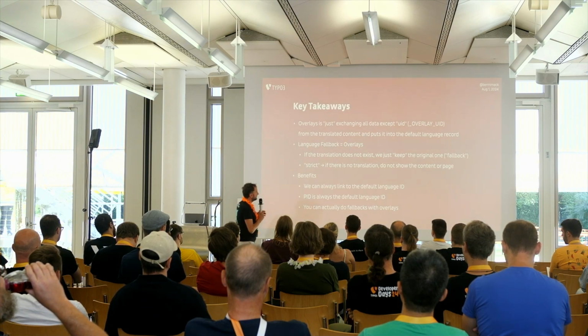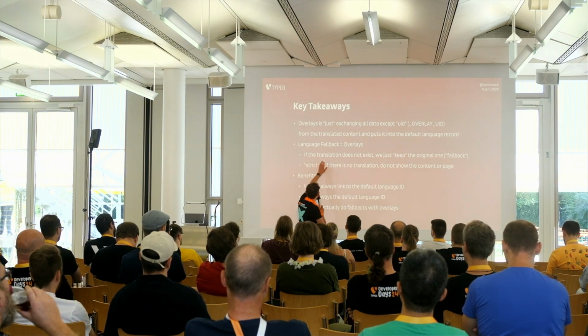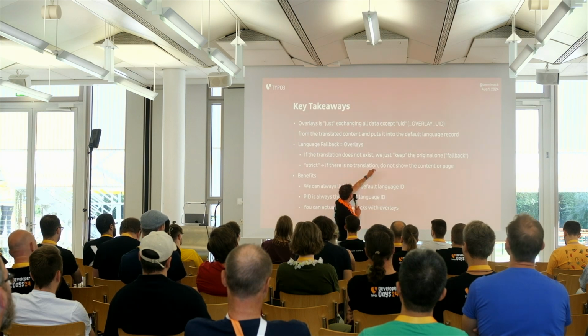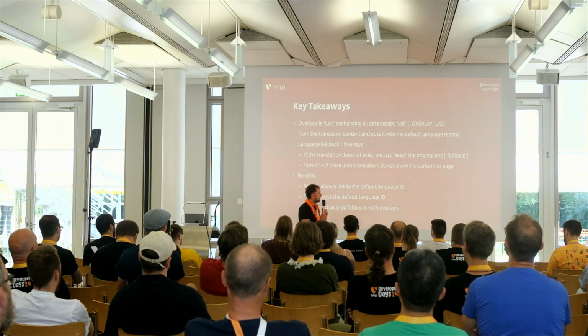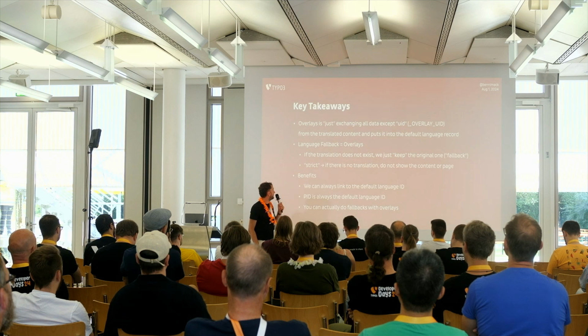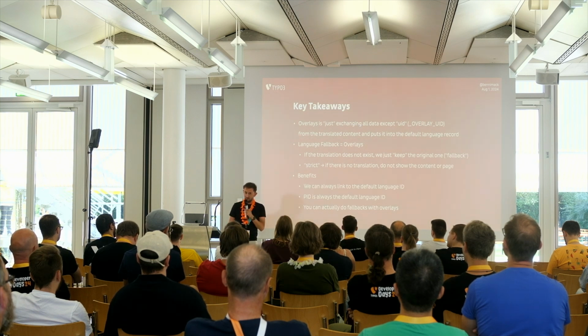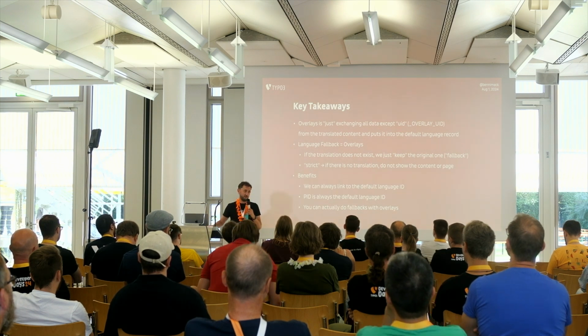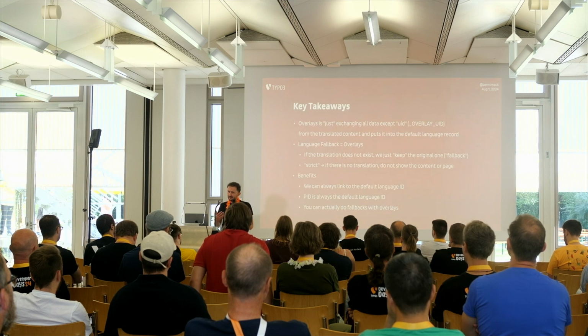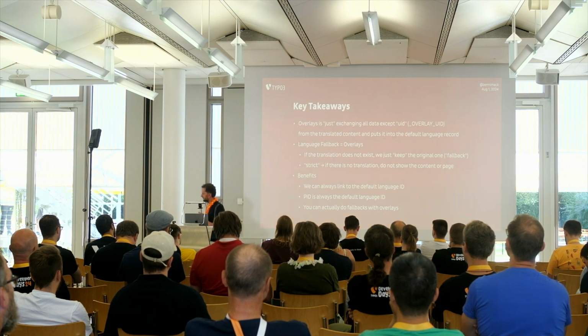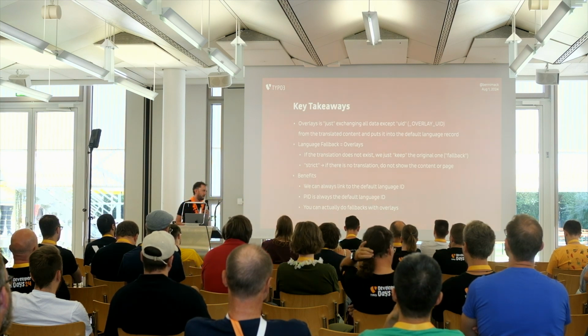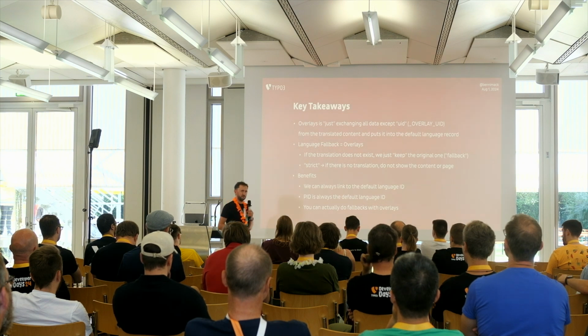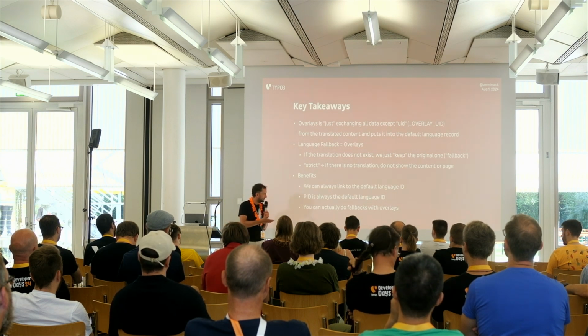So summarized, if the translation doesn't exist, we just keep the original one, and that's what we call the fallback. And then there's the strict mode, which is if there's no translation found, we just don't show the content at all. So in most of my projects, I use the strict mode because French people don't want to see Spanish content or English content.